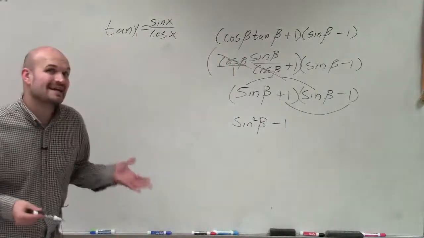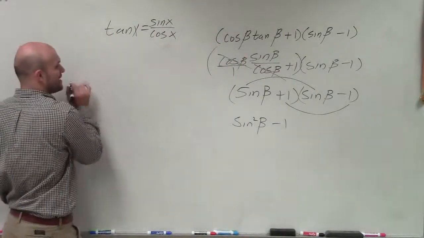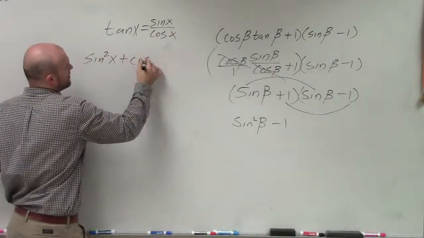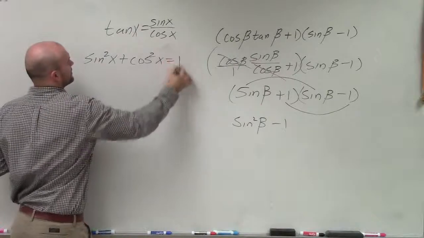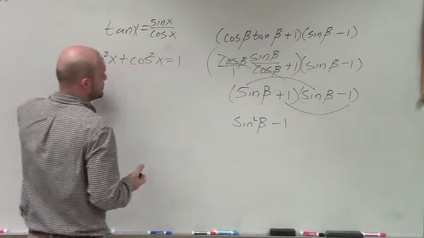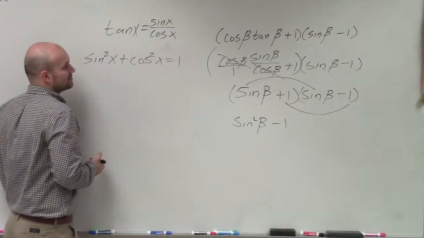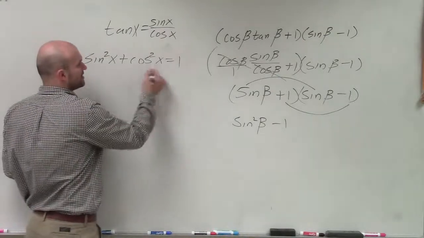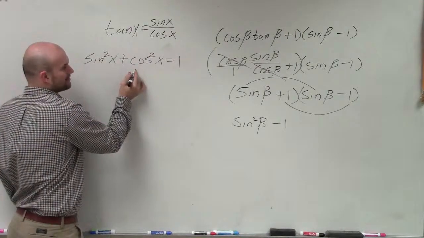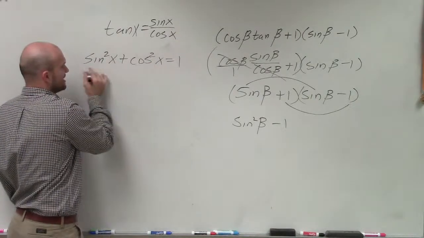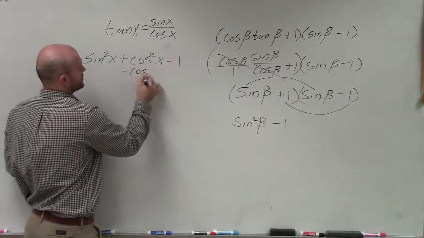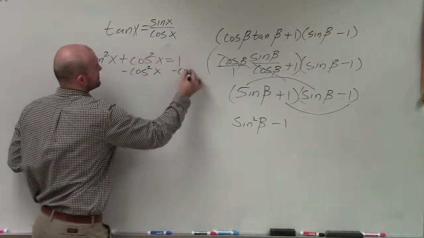Now we need to see, can I simplify that any further? And I look back and I see a sine squared, so I automatically go back to thinking of my Pythagorean identity. Sine squared plus cosine squared equals 1. Well, if I solve for sine here, or not solve for sine, but if I solve for cosine, I subtract cosine squared of x on both sides.